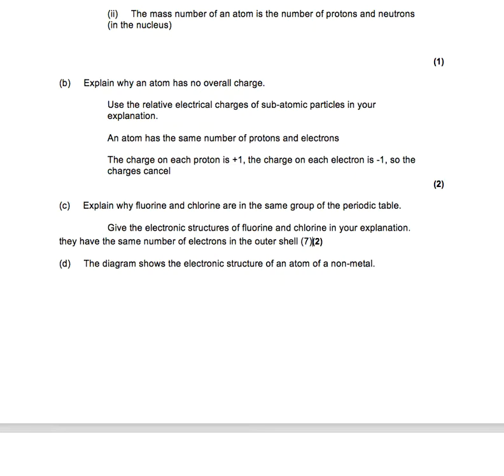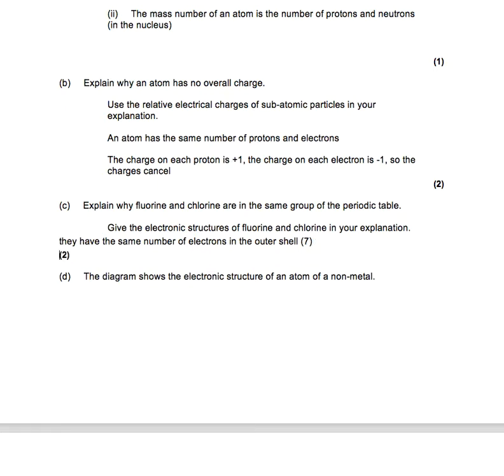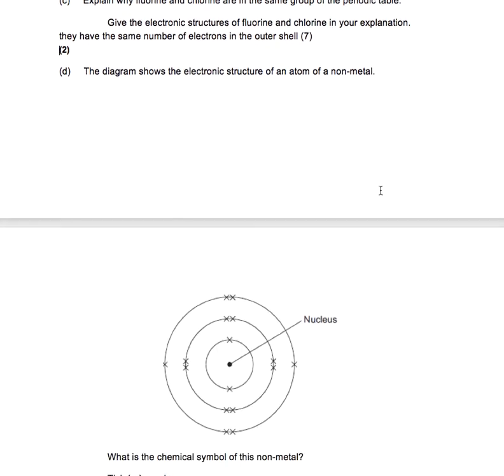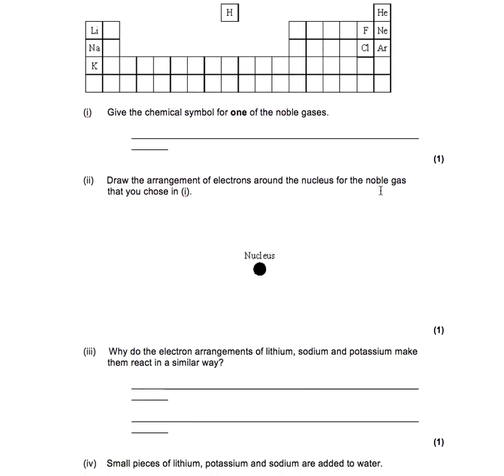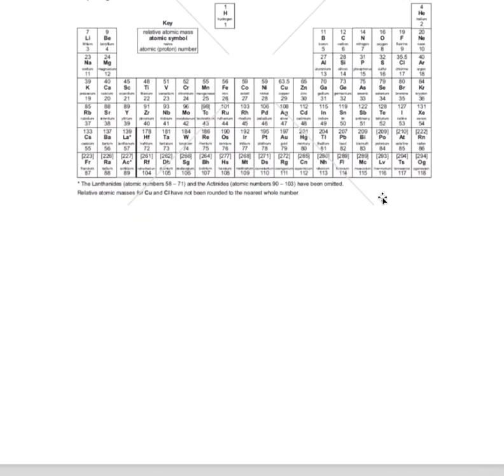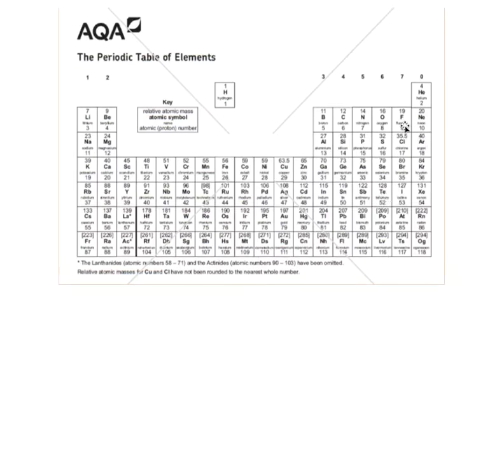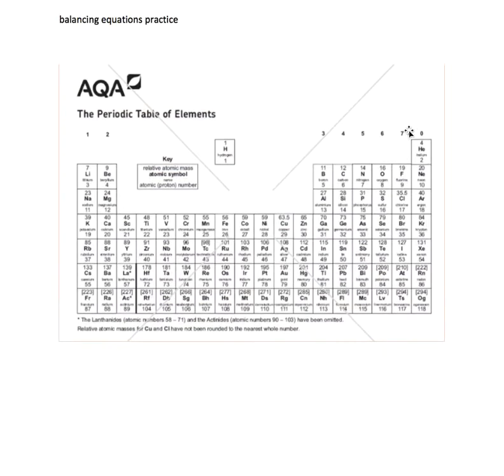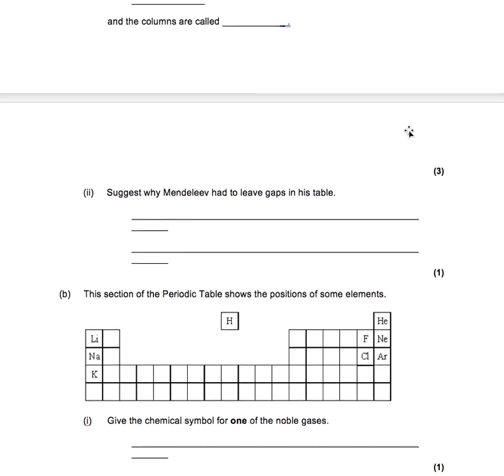So it says, why are they in the same group, and give the structures? Well, now we have to look at a periodic table, which I have down here somewhere. There we go. So fluorine, if I look down here, I see it has 9 protons, therefore it has 9 electrons. 2 of those will be in the first shell, so there'll be 7 in the outer shell. Fluorine then is 2, 7.